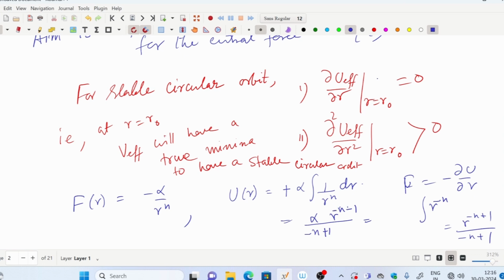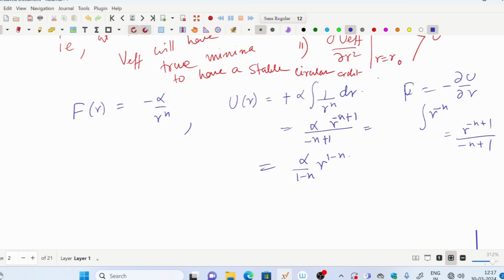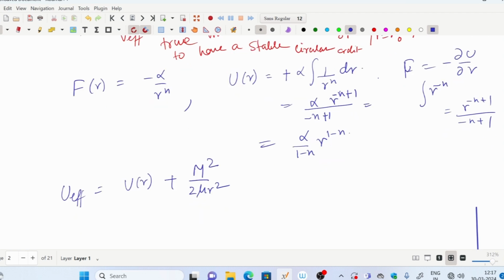So your potential will be alpha over 1 minus n times r to the power 1 minus n. Your effective potential, U(r) is this, so U effective will be U(r) plus, you recall, M squared over 2 mu r squared. Let us denote this as equation 2 for today.